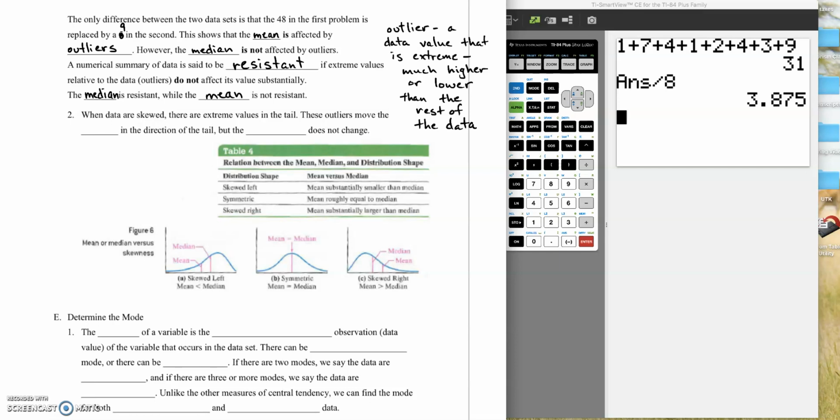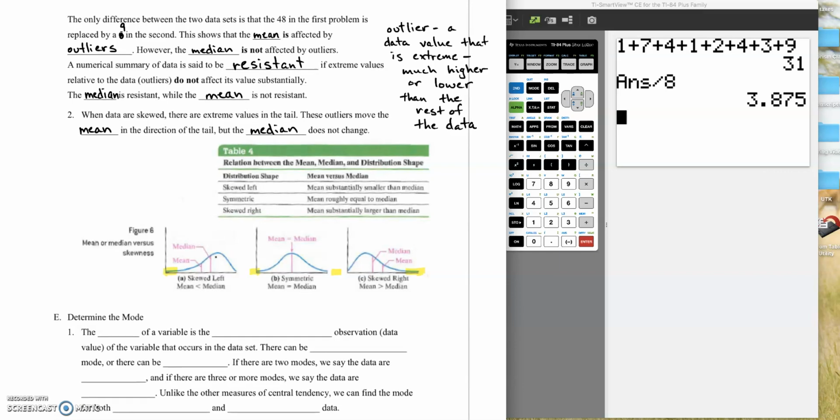So when data are skewed, there are extreme values in the tail. So in these pictures, I'm going to highlight in yellow. Outliers would be out where I'm highlighting in yellow on each of these. So the outliers move the mean in the direction of the tail, but the median doesn't change.